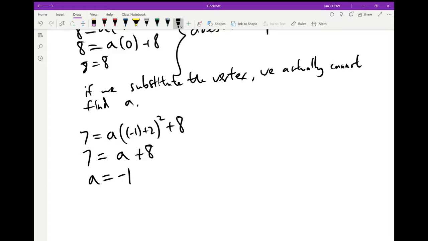And so now that we have found a is equal to -1, I'm going to now substitute our a value into our transformation function.